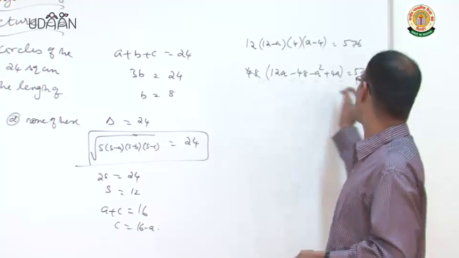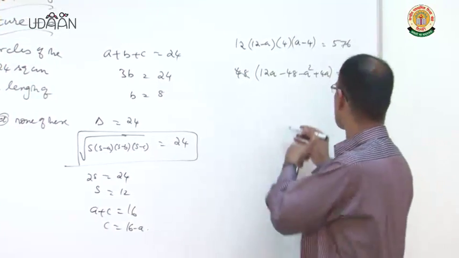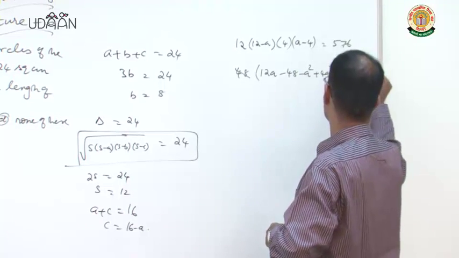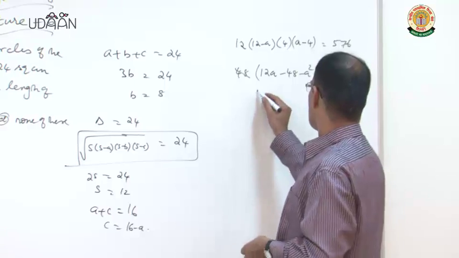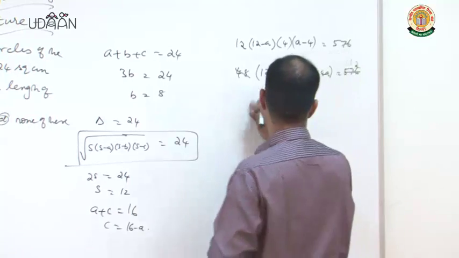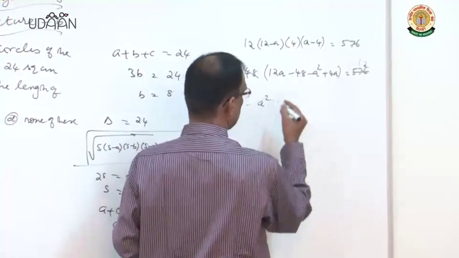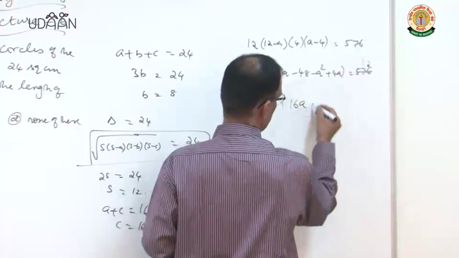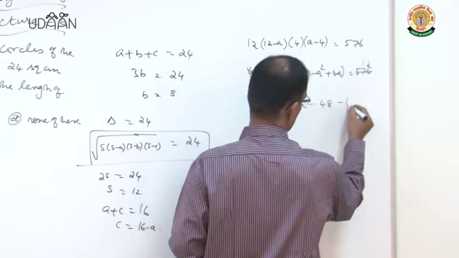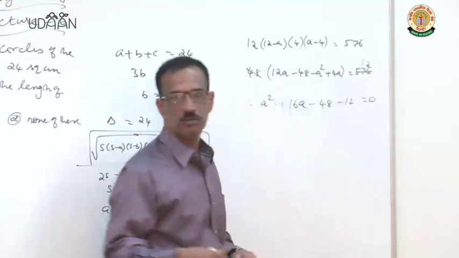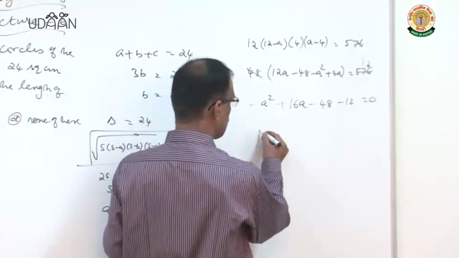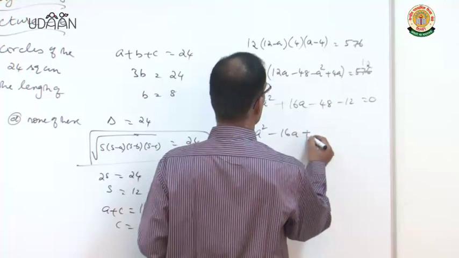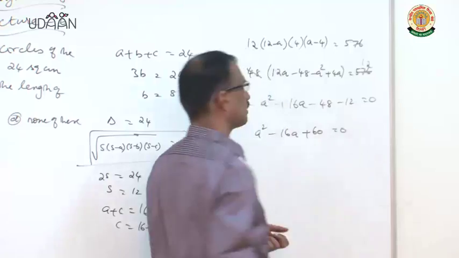This is 48 and this can be cancelled. That is, you will get 12A or minus A square plus 16A minus 48 minus 12 equal to 0, or you get A square minus 16A plus 16 equals to 0.